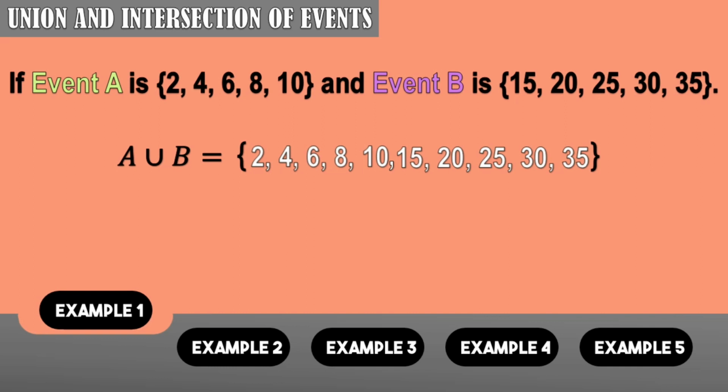There are no common elements. It means A intersection B is an empty set.